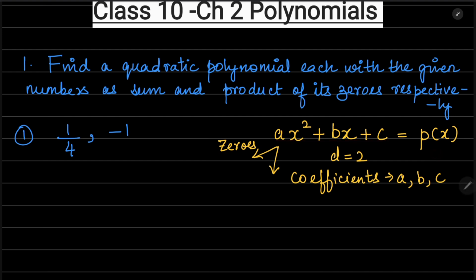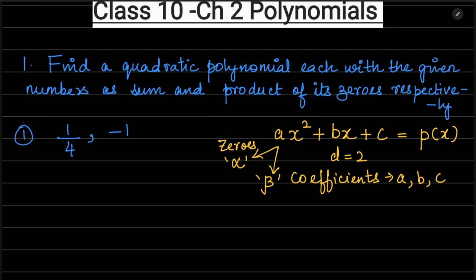So let us assume that this particular polynomial has 2 zeros, namely alpha and beta. What is alpha and beta? Alpha and beta are those values of x which can make p of x 0. When you substitute the alpha value, alpha could be some integer value, in place of x, your p of x will become 0.